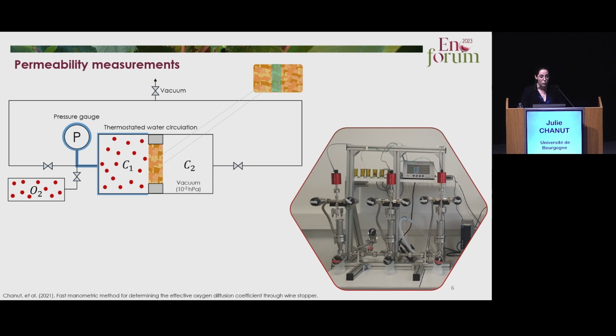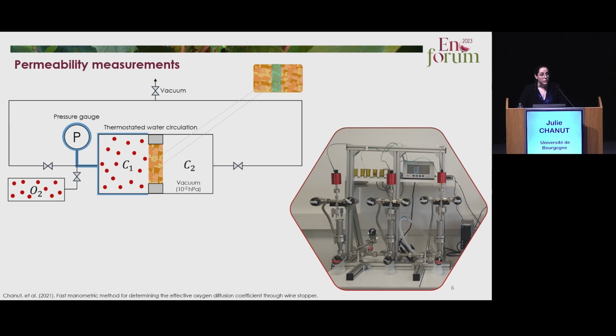First question, how can we measure the transfer of oxygen through the cork? Here you see what we used. It is a system whereby we follow the development of pressure using a pressure gauge, and you have also a picture of the machine that was used.